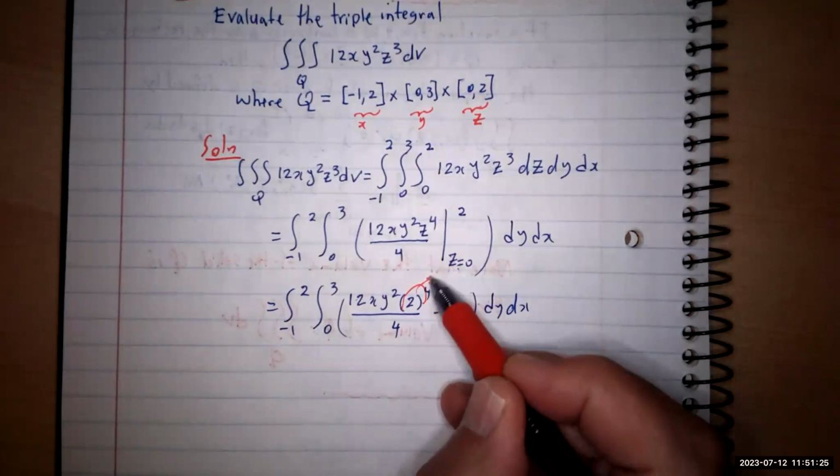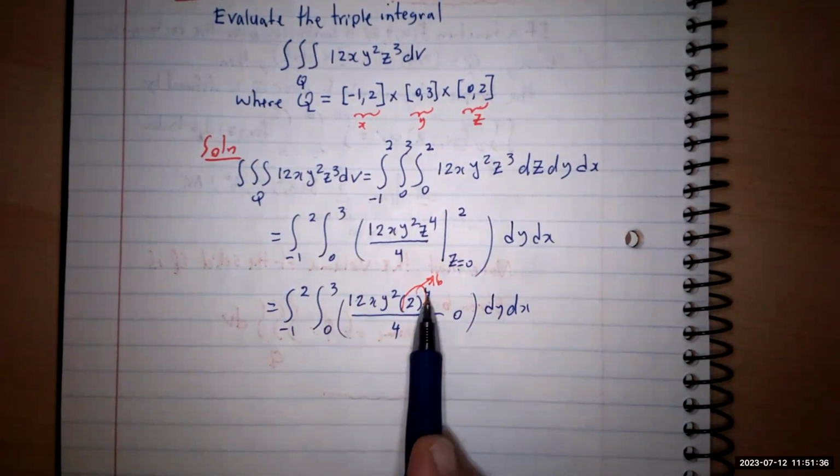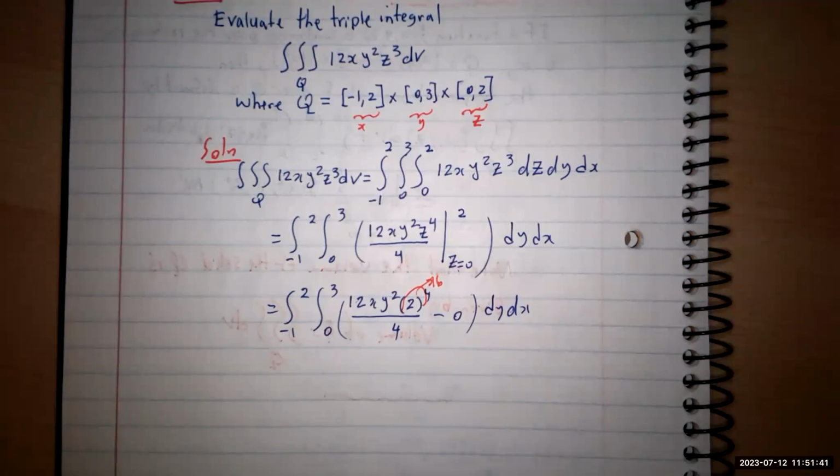2 to the 4th would be 16. 16 over 4 would be 4. 4 times 12 would be 48. Okay, 2 to the 4th would be 16, 16 divided by 4, and that gives you 4. Then I multiply by 12 and just make sure I get the right answer. Yeah, I think 48 is correct.